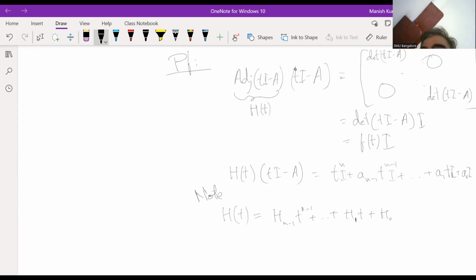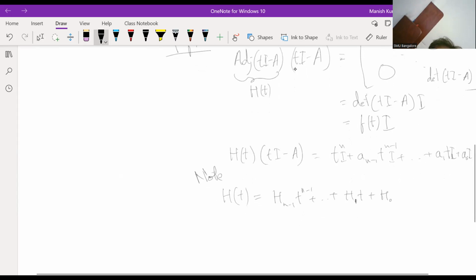I've written n minus 1 because the product has to be a degree n polynomial with coefficients in matrices, so it can't go beyond n minus 1. All the other coefficients must be 0 because H(t) times (tI minus A) must be degree n, and this tI minus A is degree 1, so you can't go beyond this.